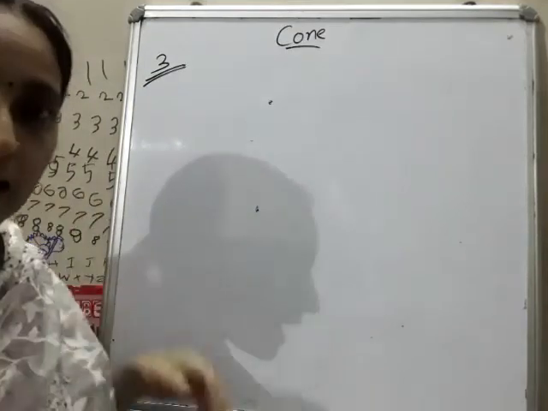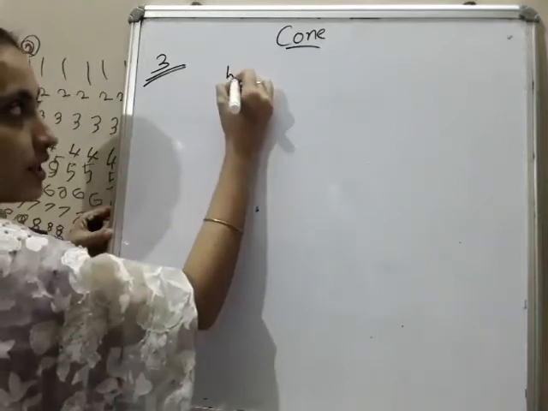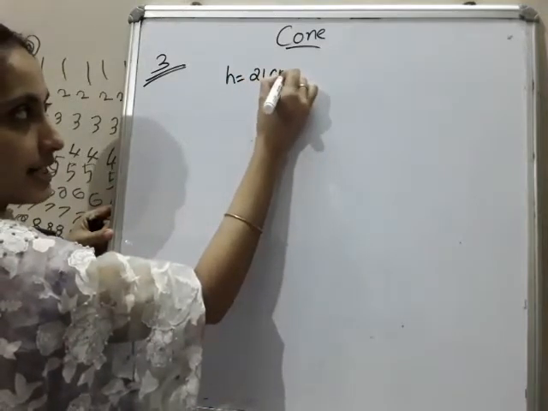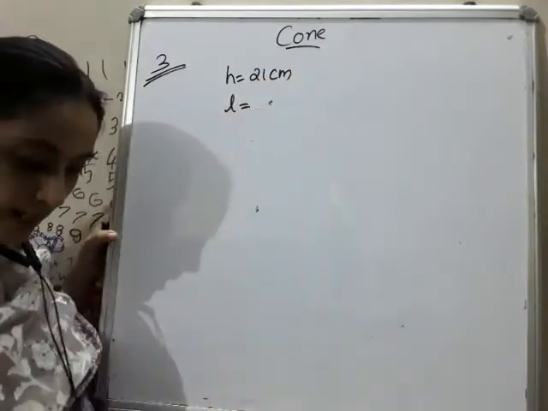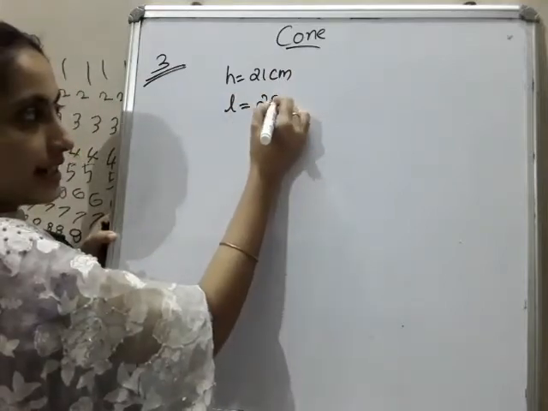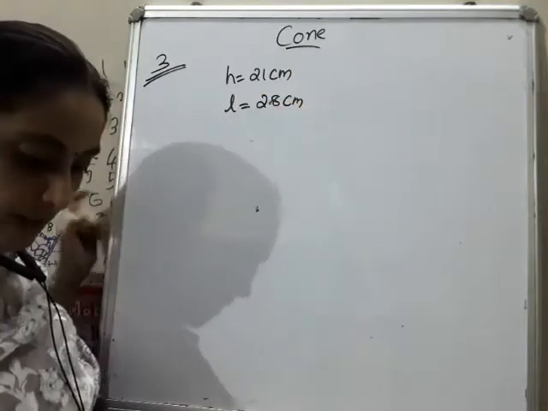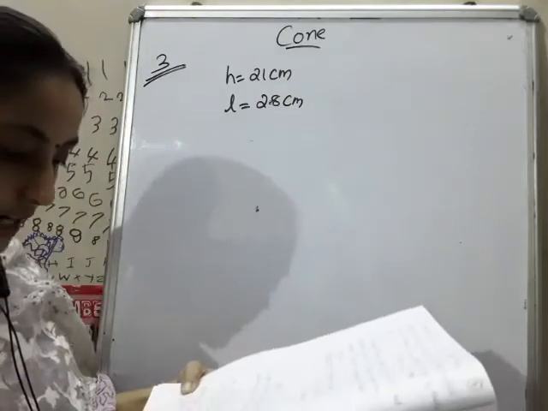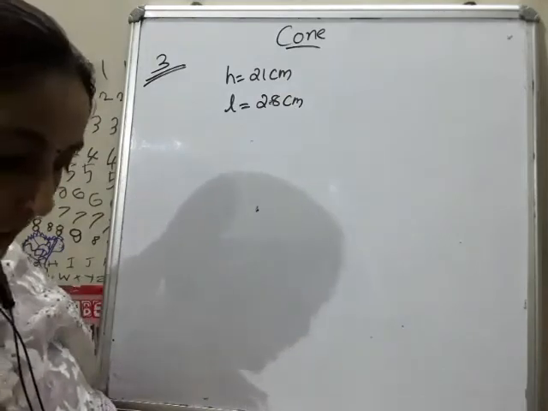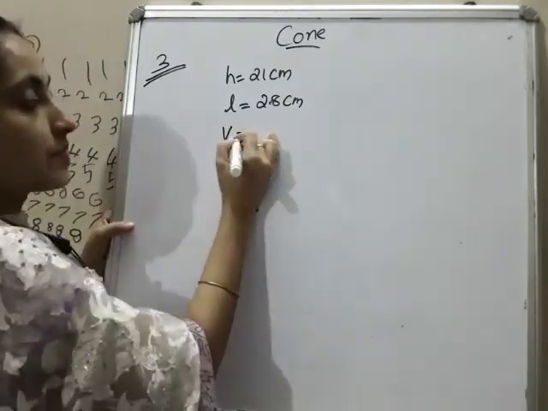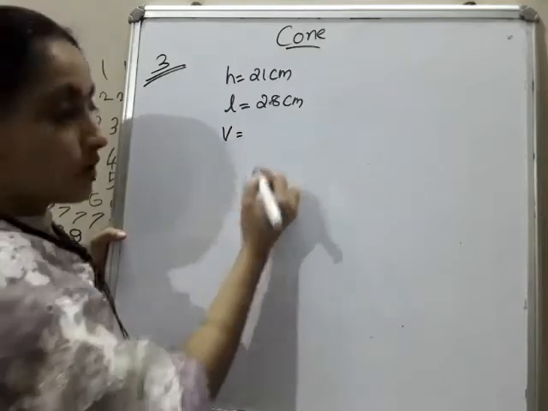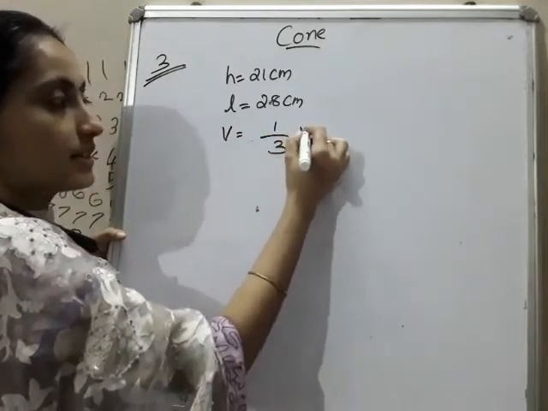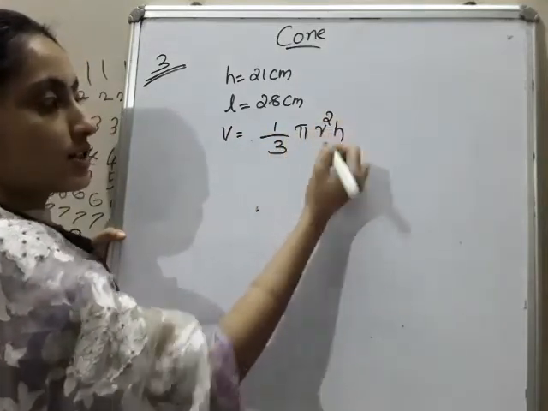The question is this: the height and slant height of the cone. Height is given as 21 centimeters. Slant height means l, that is given as 28 centimeter. You have to find the volume of the cone. You already know the formula: 1 by 3 pi r square h is the volume of the cone.